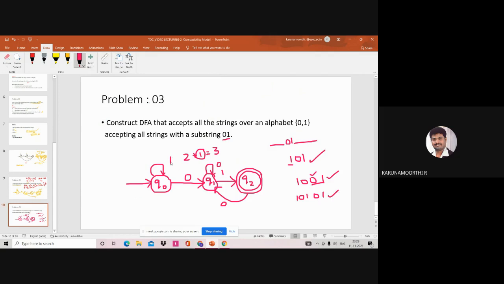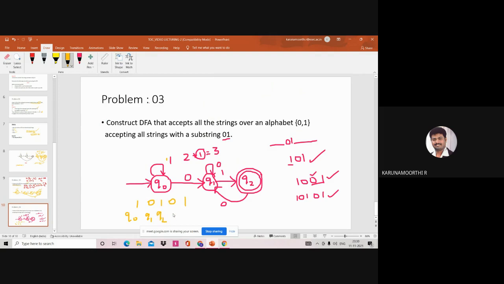See, 1, 0, 1. So see, from Q0, 0, Q1, this one is Q2.